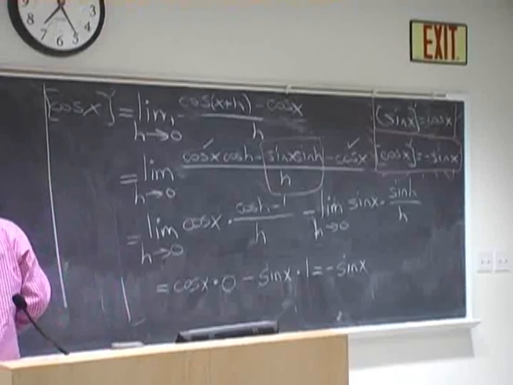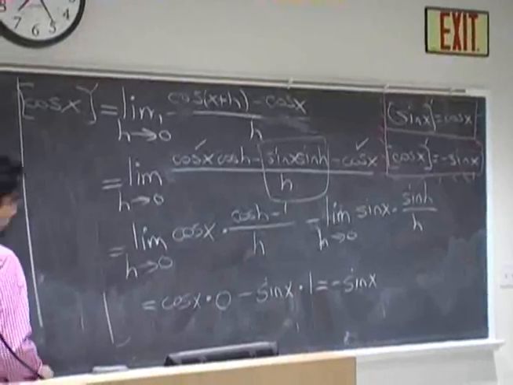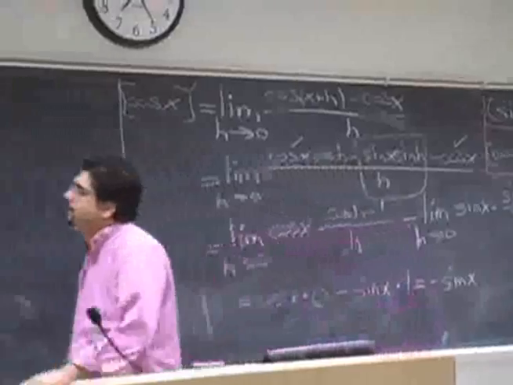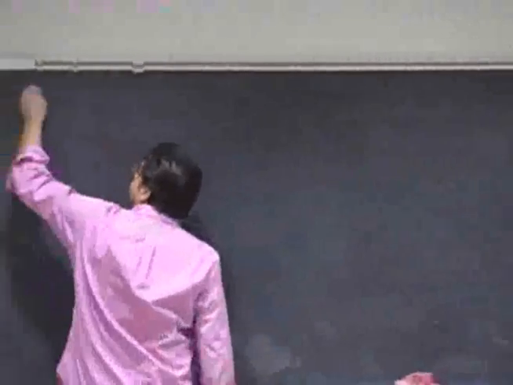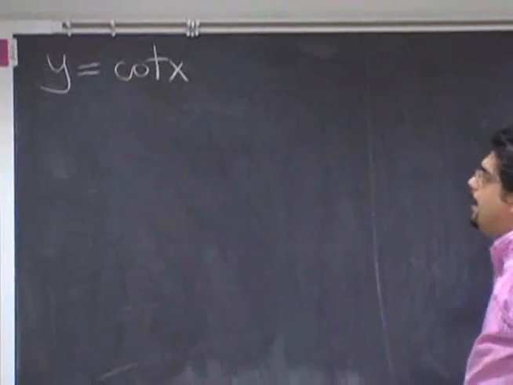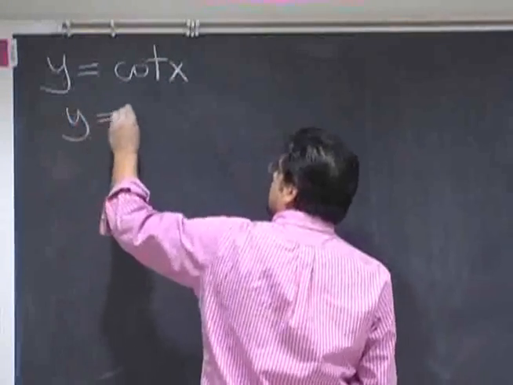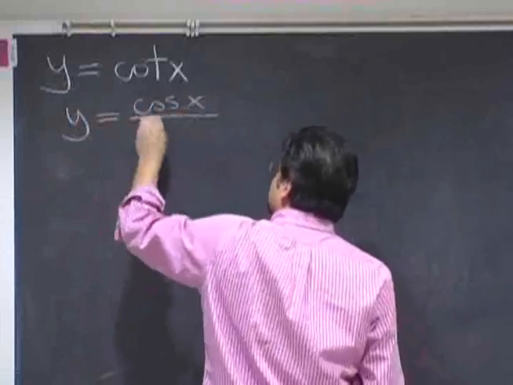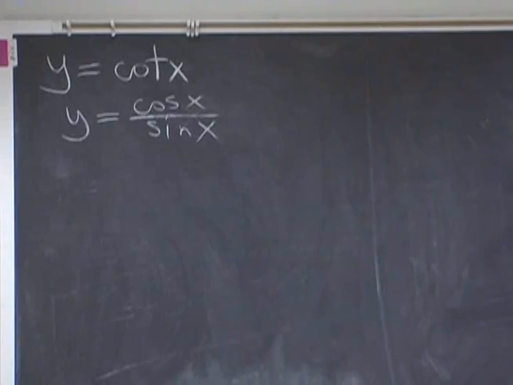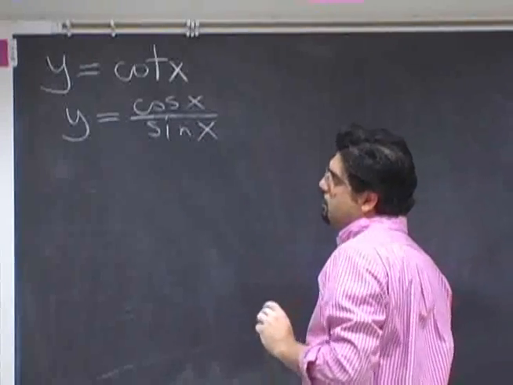Okay? So let's calculate the derivative of cotangent. So to start, we're going to write this as cosine x over sine x. And then, since we know the derivative of each of these separately, we can go ahead and use the quotient rule.